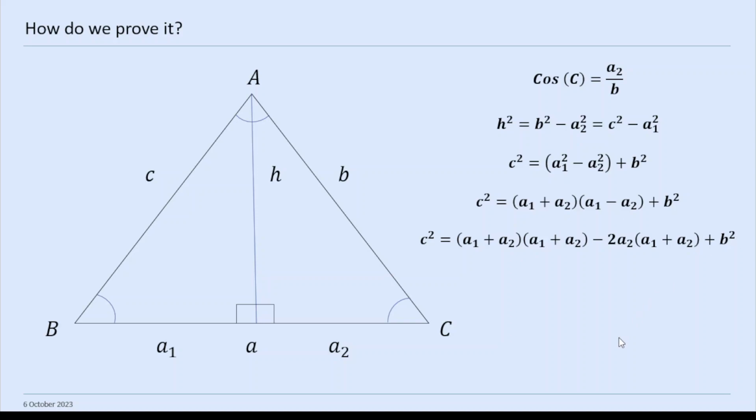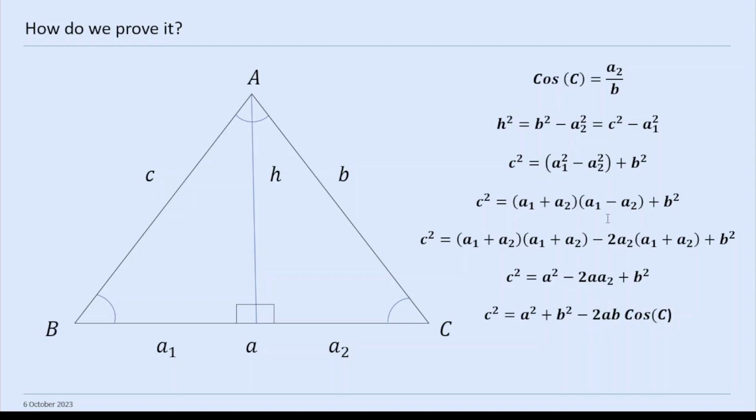And of course, we put plus b squared on the end. On the front, we have a times a, which is a squared, then minus 2a times a2, since a1 plus a2 is just a. So it's minus 2a a2 plus b squared. So c squared equals a squared plus b squared minus 2a times a2.